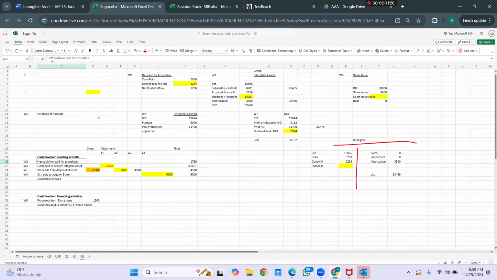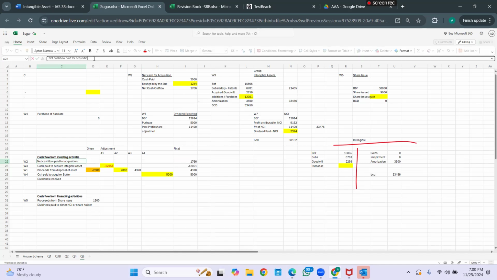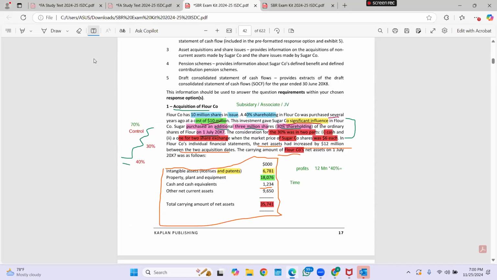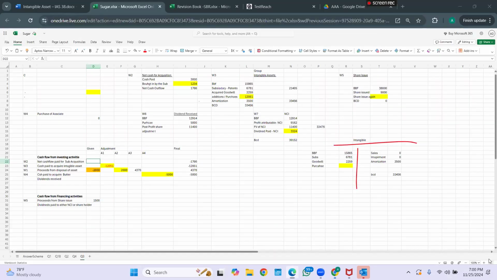Because I had to buy the subsidiary. Net cash paid for subsidiary acquisition is why I included it. That is why the examiner is telling you to look into exhibit number one, exhibit number two, exhibit number three. All of these have relevant information. So you need to open up your eyes. Okay, so that is done.